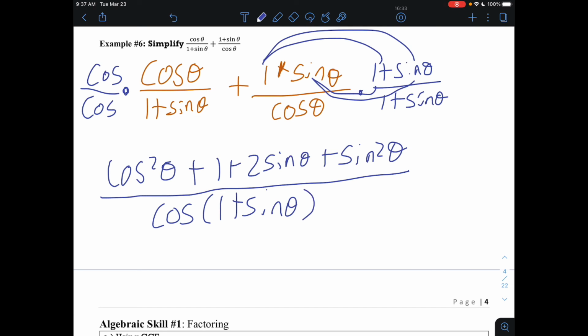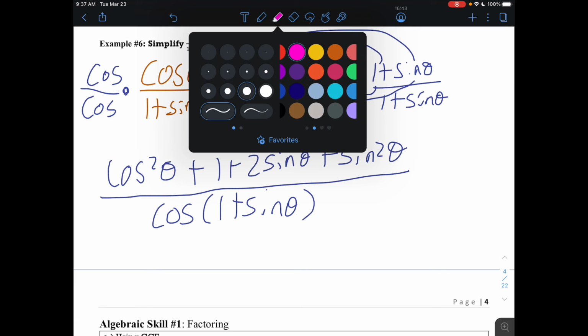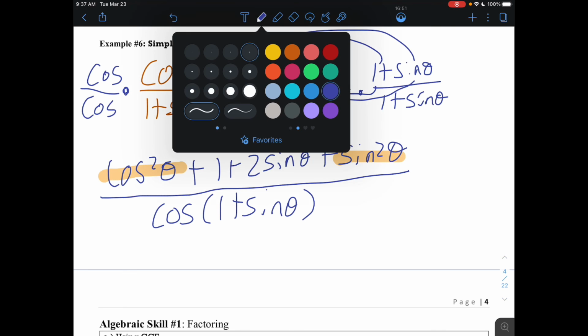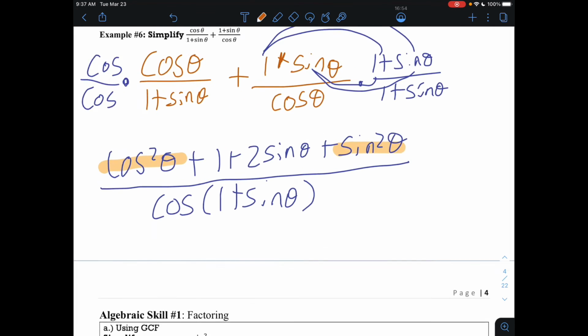I know this looks like a lot, and to some extent it obviously is, but if we take a look here, we have a cosine squared and a sine squared. We know that cosine squared and sine squared have a relationship. We know that these become 1. Ooh, and I'm really running out of room.